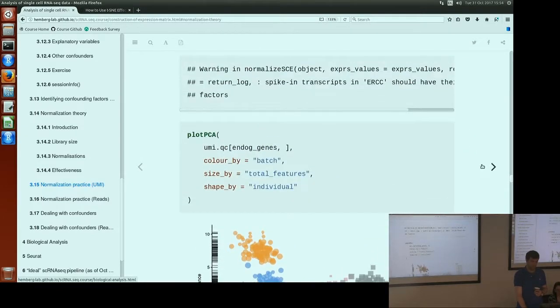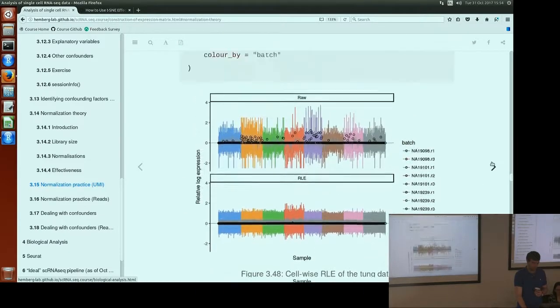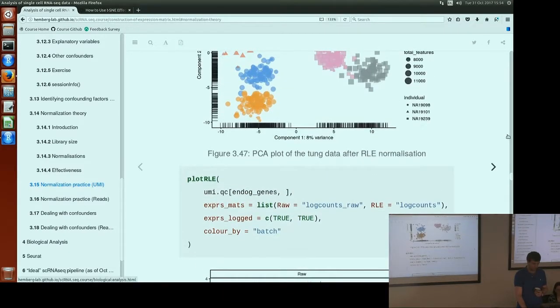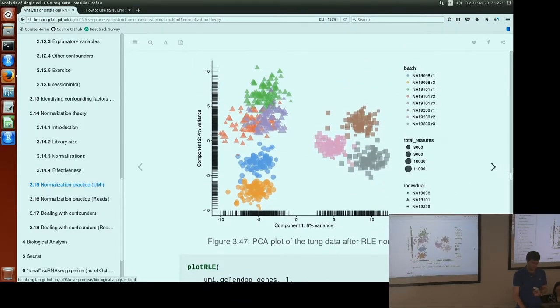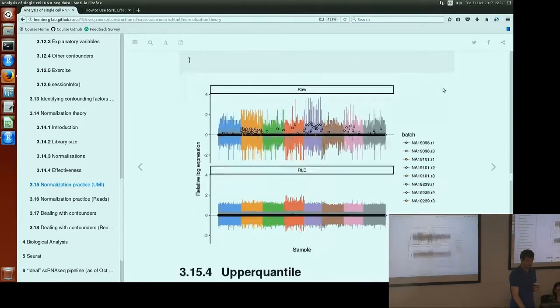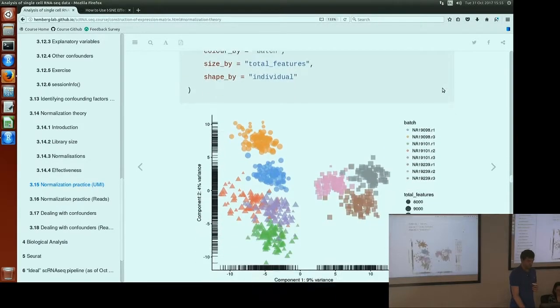The difference is in component 2, really. Here we have the triangles in the top left and the circles in the bottom left, and that's flipped around in the upper quartile plot. Flipping a principal component is not in itself notable. It just happens to be a difference that we observe in this case.